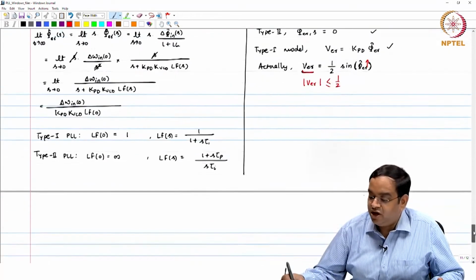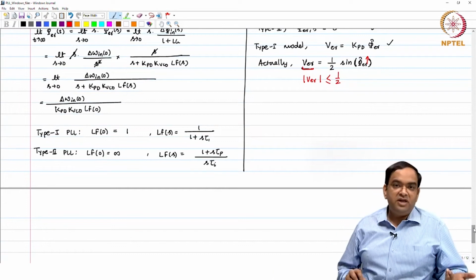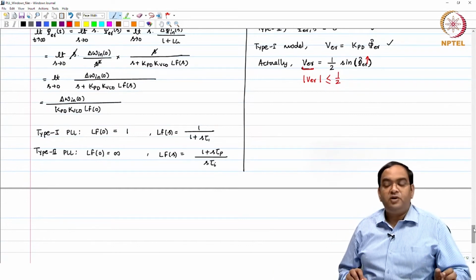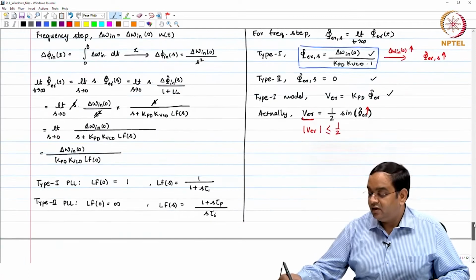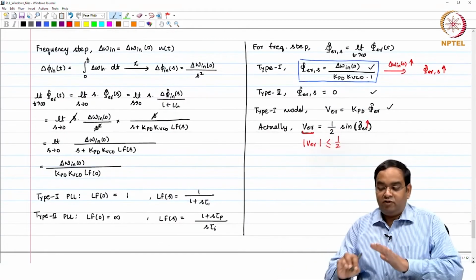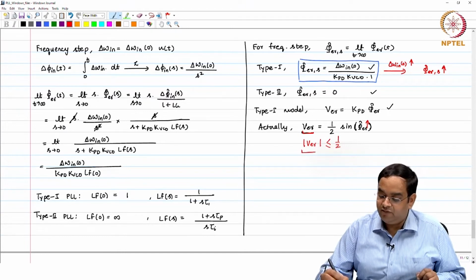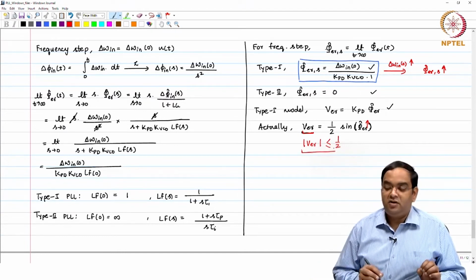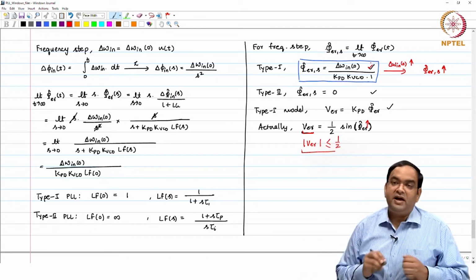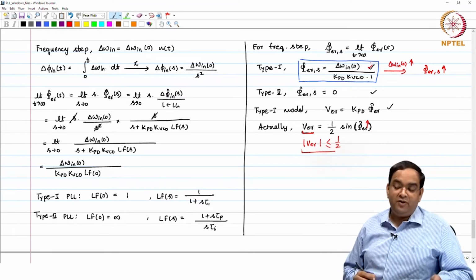So, if V error does not increase, the V control voltage will not increase and you will not be able to get the desired frequency change. But for small changes, which are limited by this, your modeling here of phi error steady state will be valid.